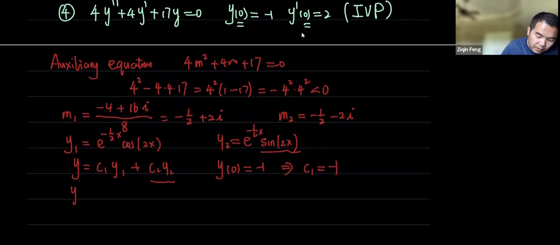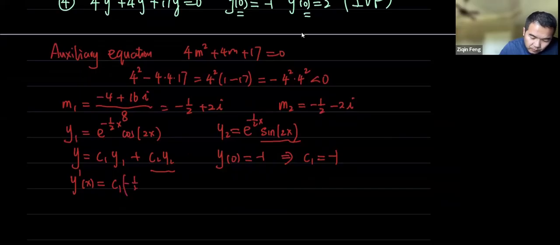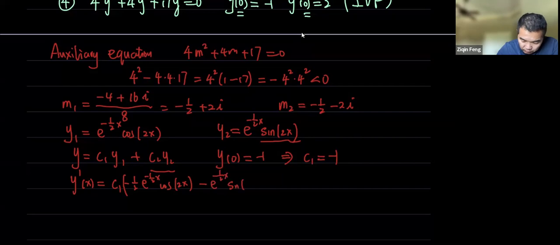And y prime of x, now we need to do some calculations, right? Which is c1 times negative 1 half e to negative 1 half x cosine of 2x, and then minus e to negative 1 half x sine of 2x times 2, right?